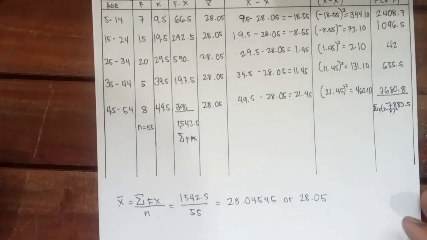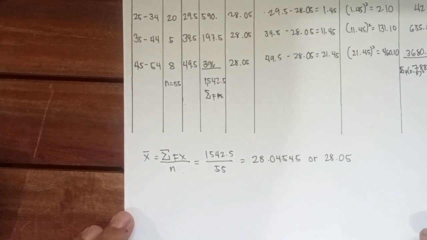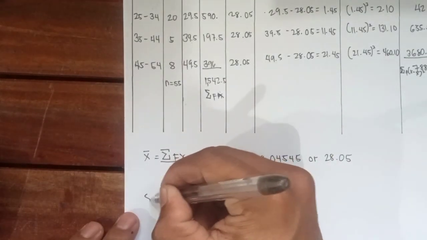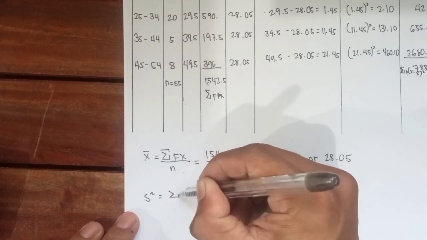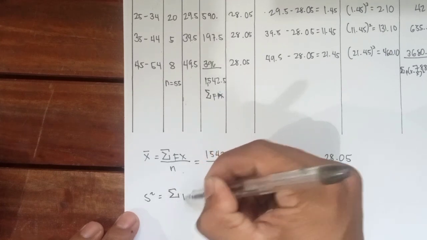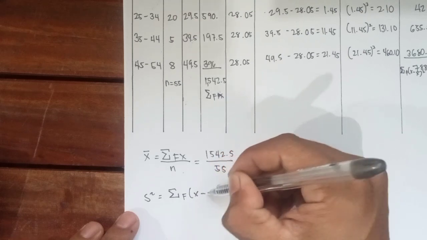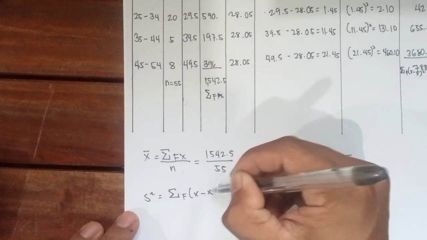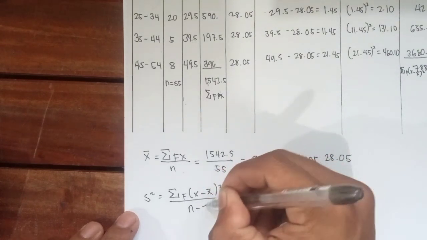So, pumunta na po tayo sa ating variance para makuha po natin. Ang formula po for variance s squared is equal to the summation of f and the quantity of x minus mean squared over n minus 1.